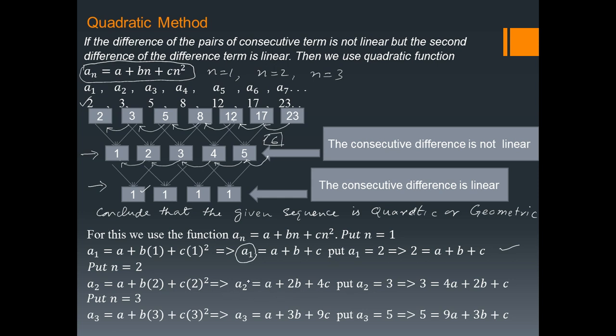Now putting the value of a2, what is the value of the second term? 3. So 3 is equal to a plus 2b plus 4c.